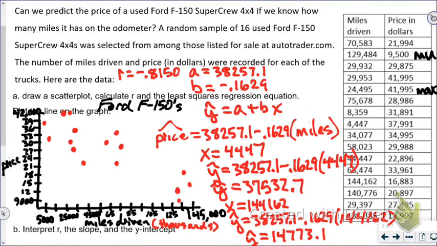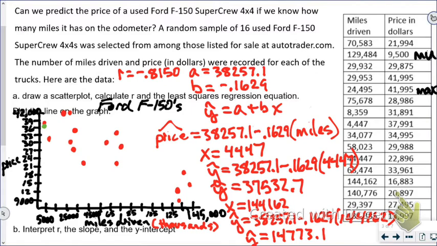So that's 4,447, comma 37,000. So that's just like right below that red dot. So that red dot right above it is the actual. Make sure I'm accurate there. So we got 37.5. Yeah, it should be right below it because the actual was 37.9.